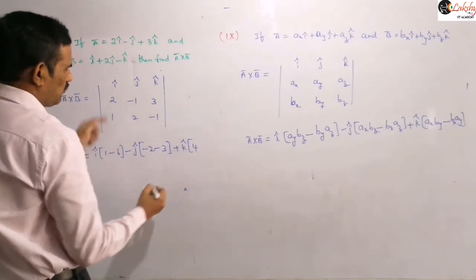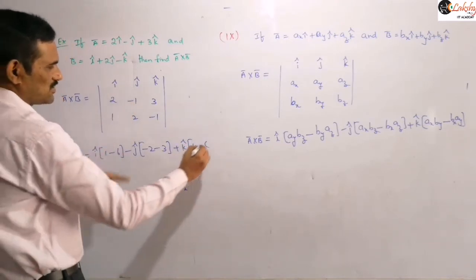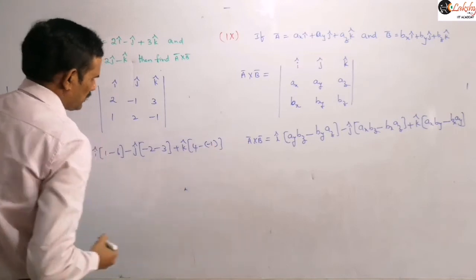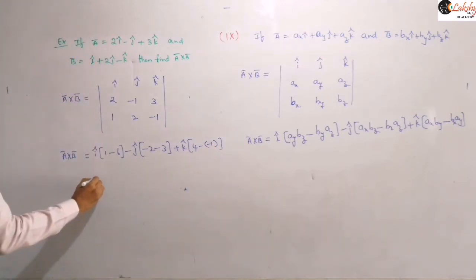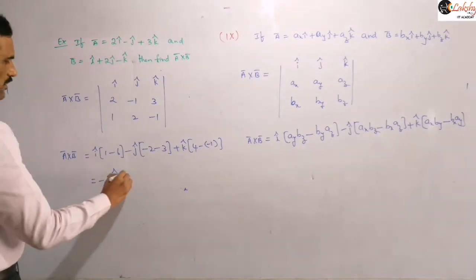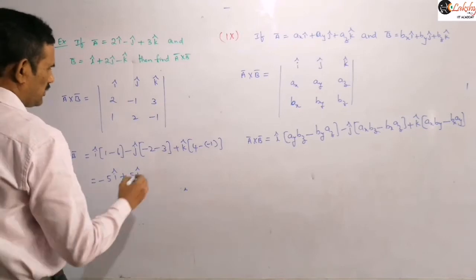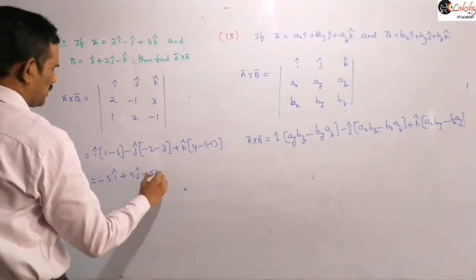So 2 into 2, 4, and minus of this, minus of minus 1 you will get here. Now let us simplify this: minus 5 i cap, plus 5 j cap, and here plus 5 k cap.